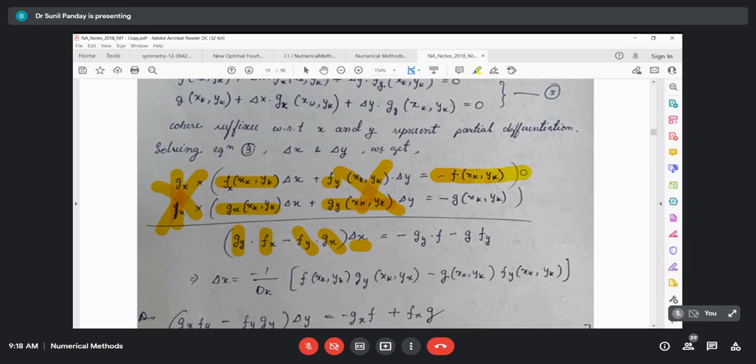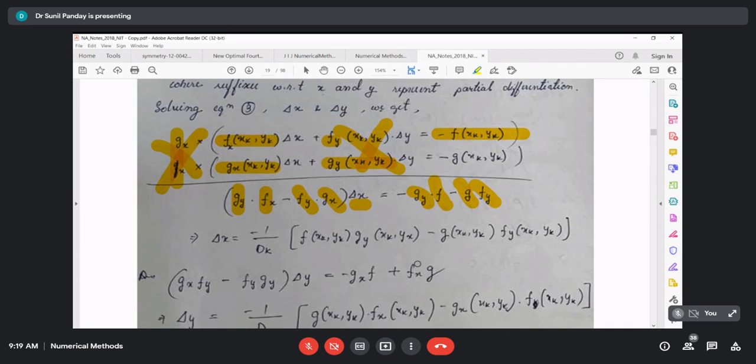Similarly, in the first equation we have multiplied gy(xk, yk) and f(xk, yk) as it is. Similarly, gx(xk, yk), and we have multiplied fy(xk, yk). So then we can write delta x equals this.